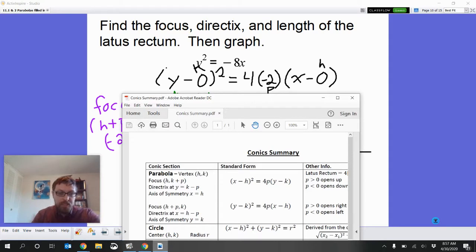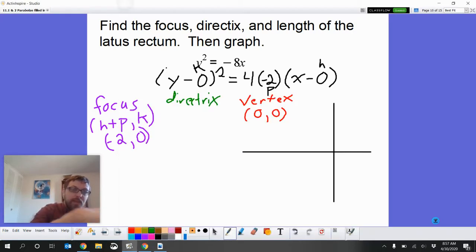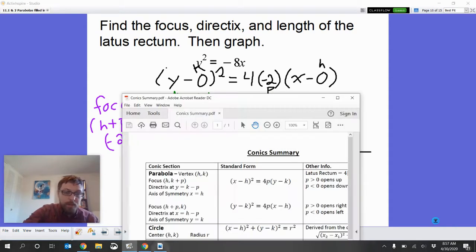So my Directrix is at x equals h minus p. So x equals h, so it's 0 minus p, so it's 0 minus -2. So x equals 2. All right.